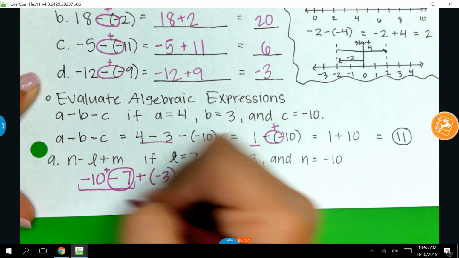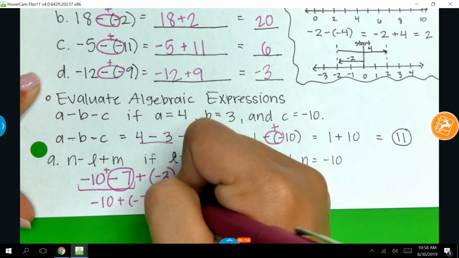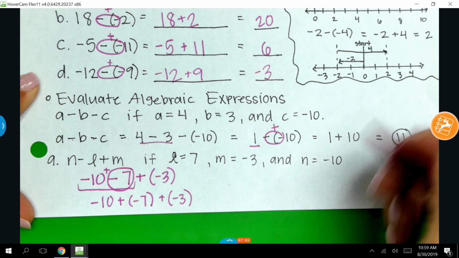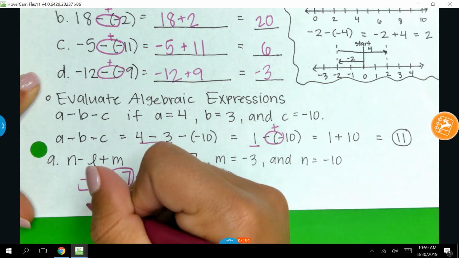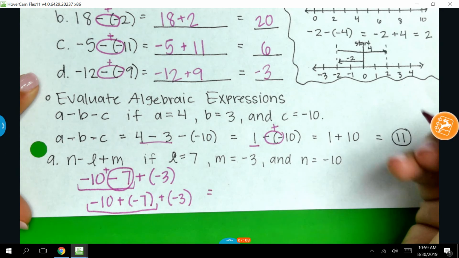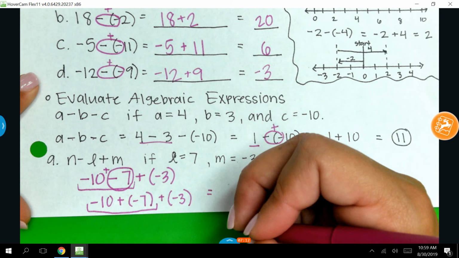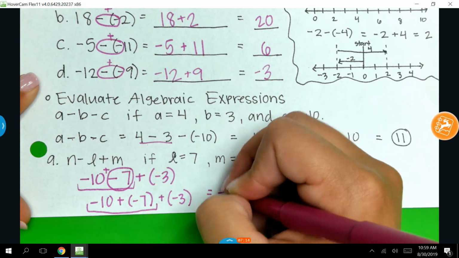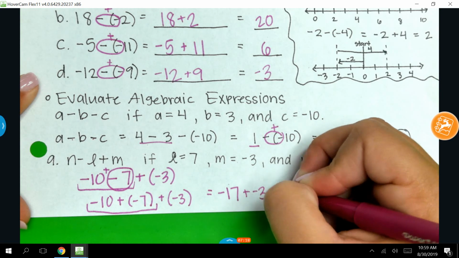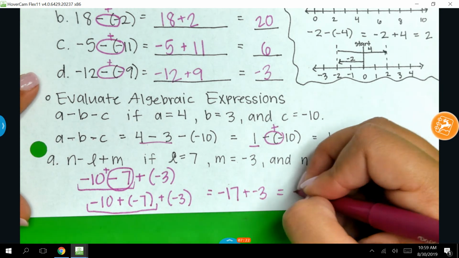So that's negative 10 plus negative 7 plus negative 3. I still want to add negative 10 and negative 7 first. What does that give me? Negative 17. And then I still have to add negative 3 to that. So what's my final answer? Negative 20.